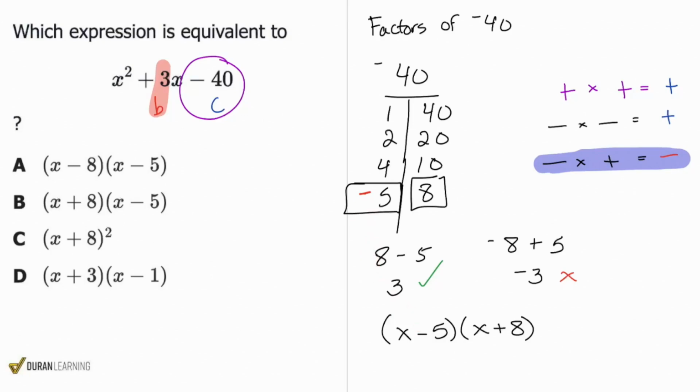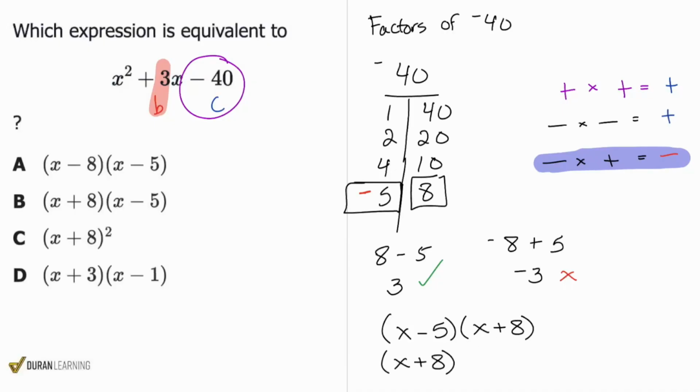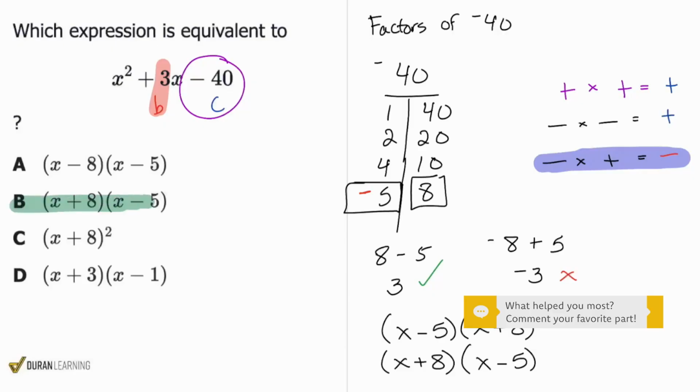So with that said, everybody, the correct answer here is going to be answer choice B, because we can go ahead and write this out as x plus 8 times x minus 5, just like that. So either way works when you show first to second, second to first, but the correct answer here is answer choice B.